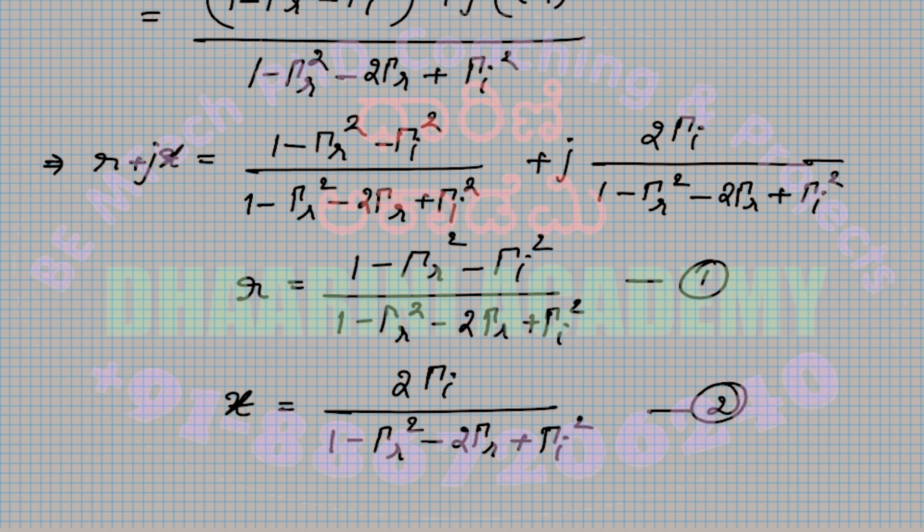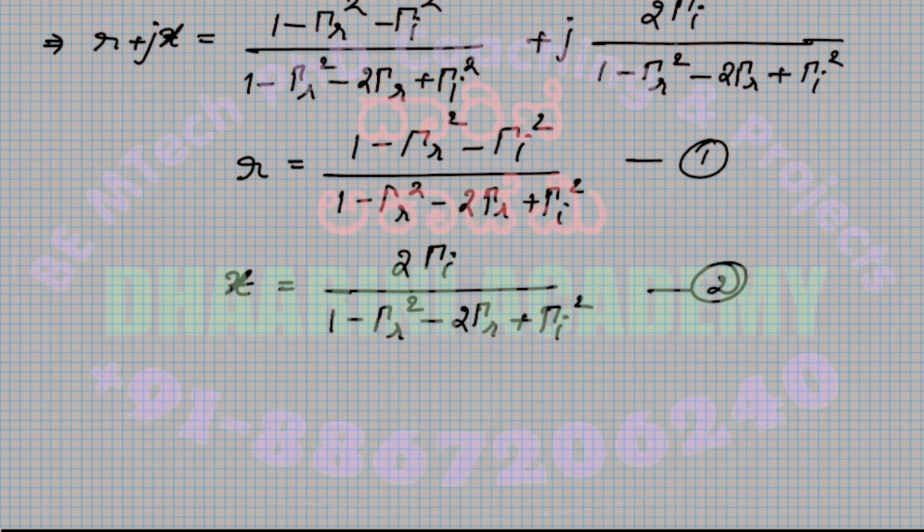From 1 and 2 I'll try to get two different equations, so that equation 1 generates a set of circles, equation 2 generates another set of circles. You see, R is the resistance, X stands for the reactance. Actually this equation number 1 is the equation of a circle, but we are not able to identify that yet. I need to do a little bit more mathematics.